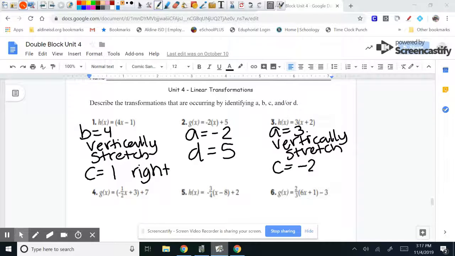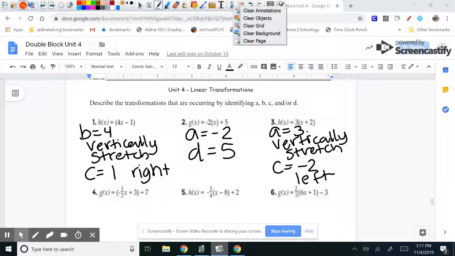So that means this is a -2. And because it's a plus sign in the parentheses, according to my notes, it moves to the left. Remember, you have to tell me what A and D is. I'm not taking your homework if you just do all the odd ones and leave the even ones just the way I left them. You have to tell me what the A and the D are gonna do.